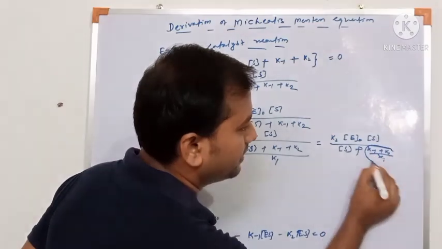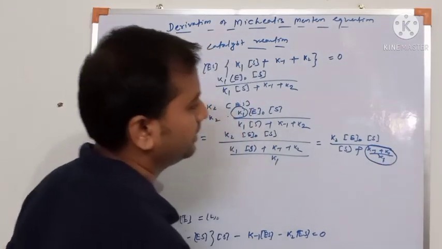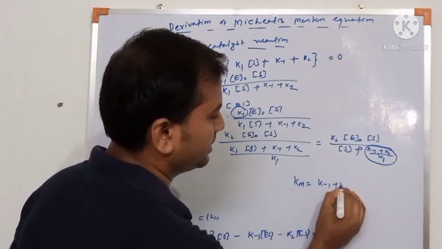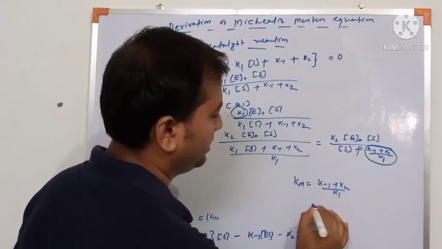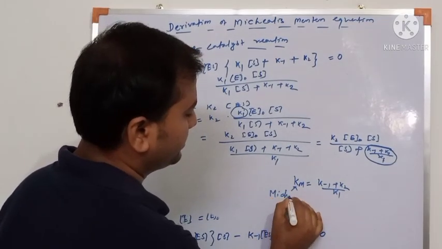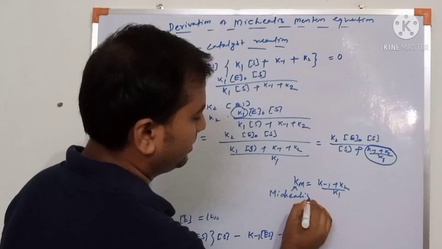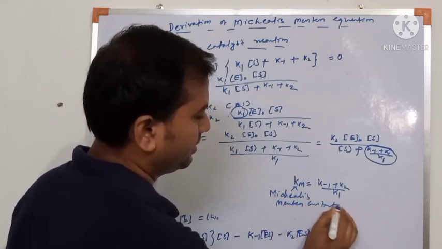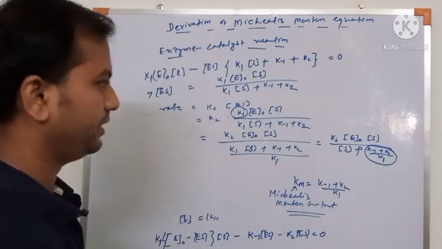This is the value of Km: Km equals K minus 1 plus K2 by K1. This is the Michaelis-Menten constant.